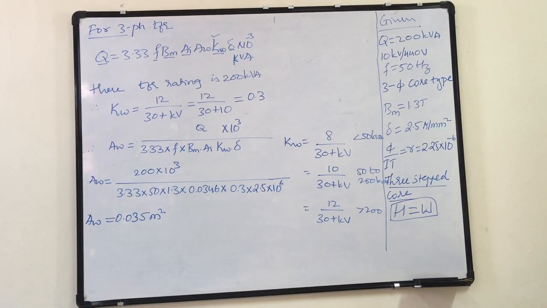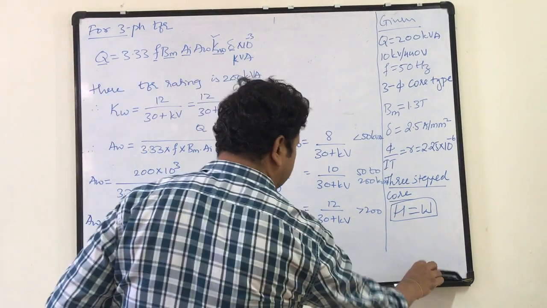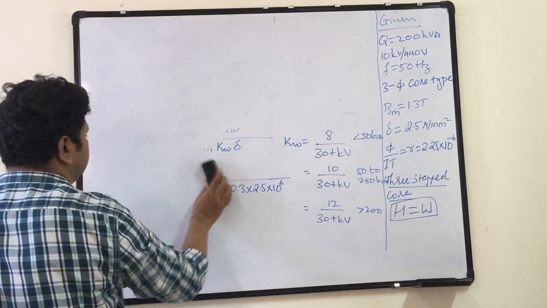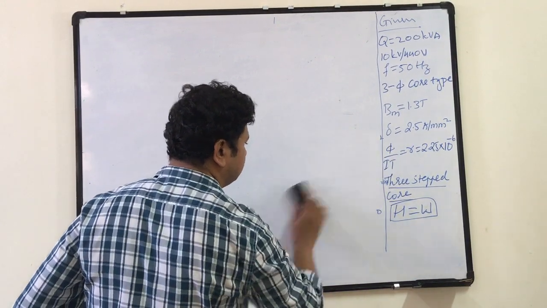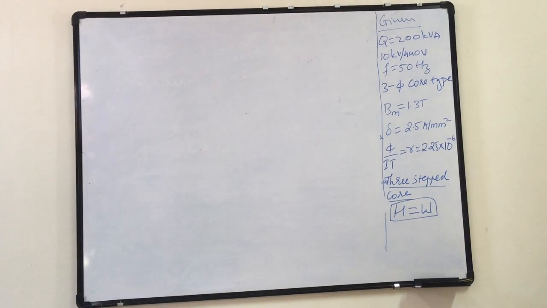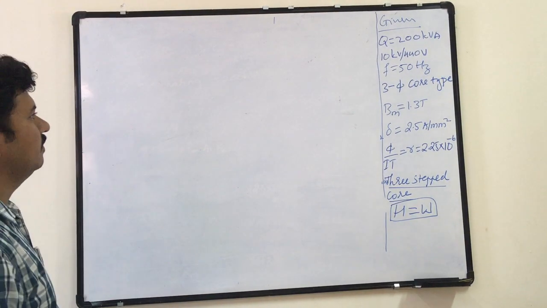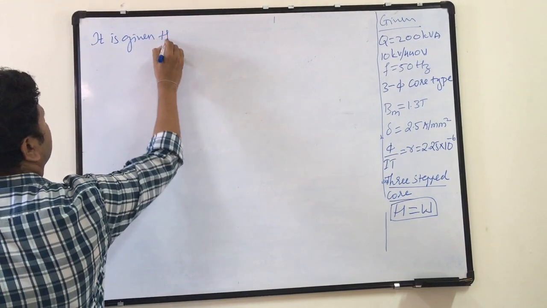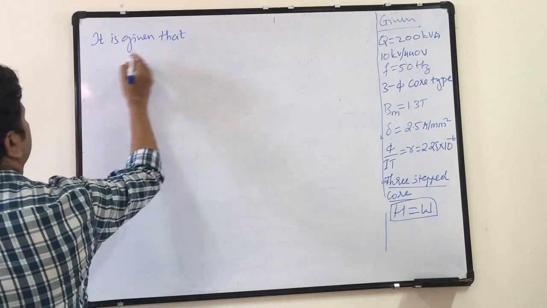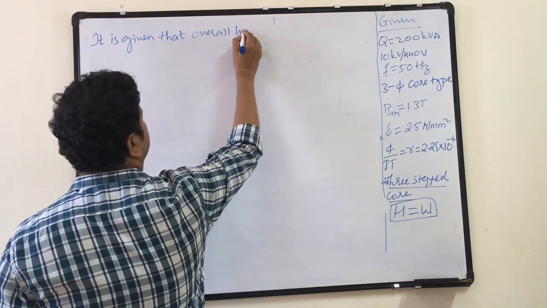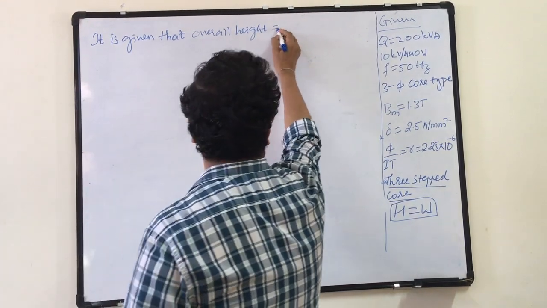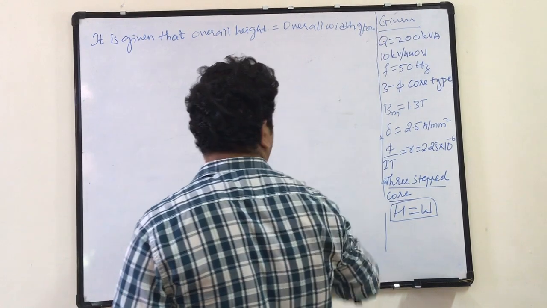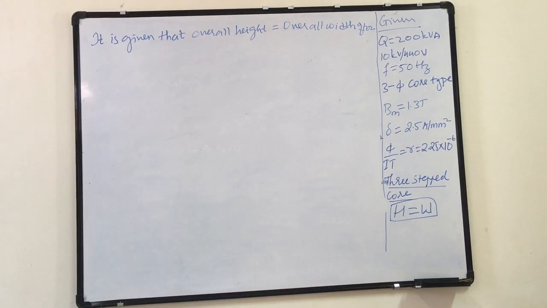So I will momentarily rub this off. It is given that overall height is equal to overall width of the transformer.